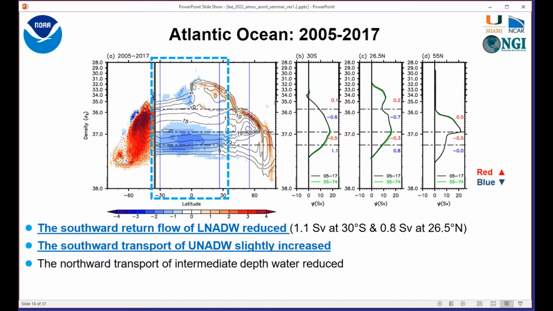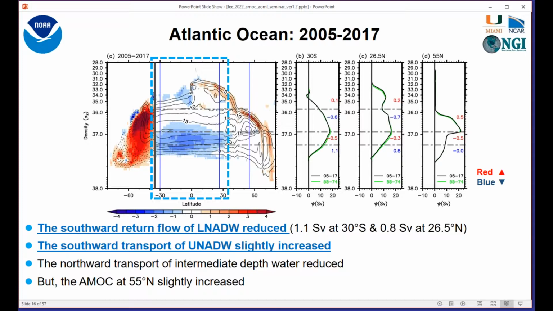And then of course in response, there has to be a decrease in the intermediate depth water transport there. But the interesting thing is what happened at 55 degrees north: there's no match. We don't see any decrease at 55 degrees north.